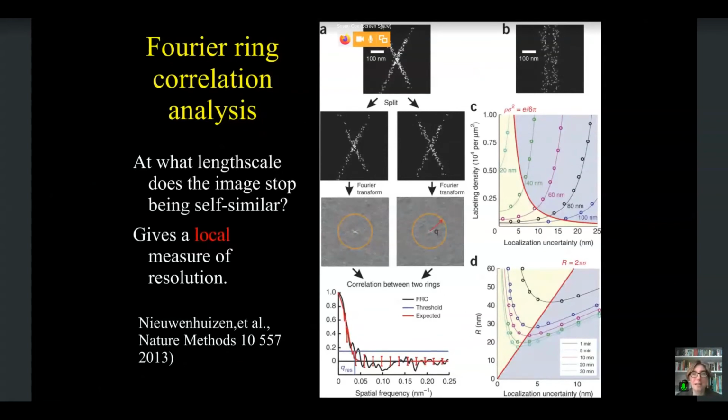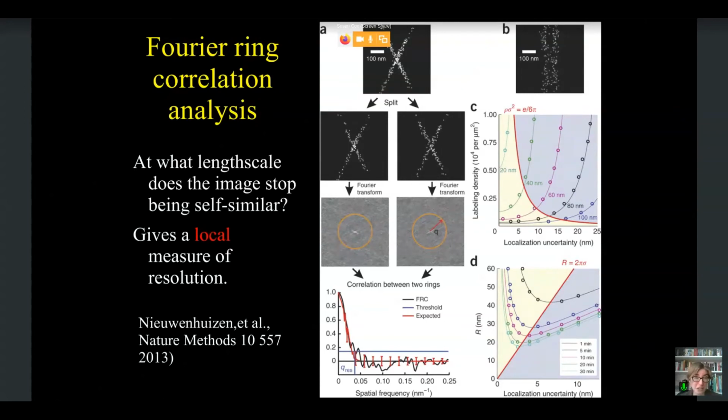So it does tend to give you about a factor of 2 worse in terms of the values that you get. But on the other hand, it's really the only way that works with data and that isn't just drawing a line scan on the image, which was not really very satisfactory ever.